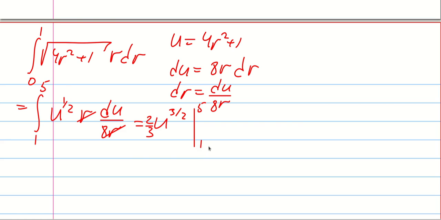So we plug everything in, we get 2/3 times 5 to the 3/2 minus 2/3 times 1 to the 3/2, which is 1. So that's our expression for the inside.